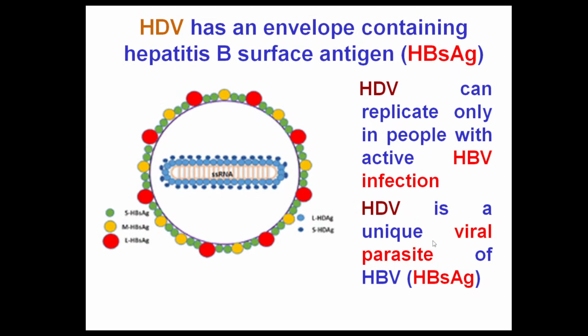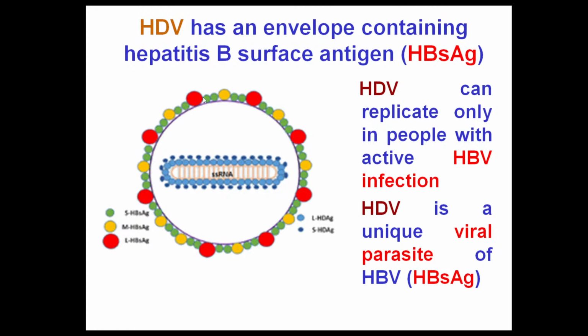It replicates only in people infected with hepatitis B because it is a parasite of hepatitis B, because it uses S, M, and L HBs antigens from hepatitis B to make the envelope.